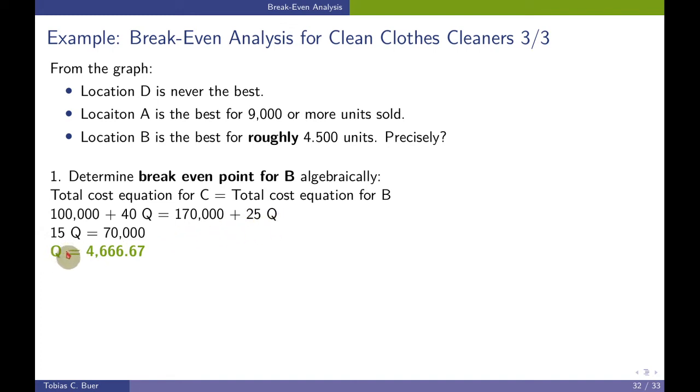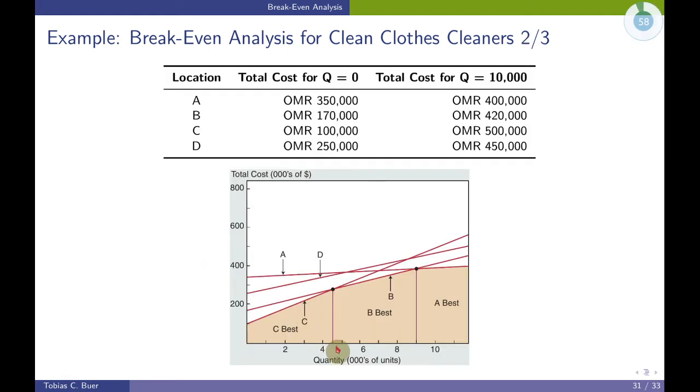When we solve it for Q, the precise quantity where both locations have equal costs is 4,666.67 units. So this is this quantity, 4,666.